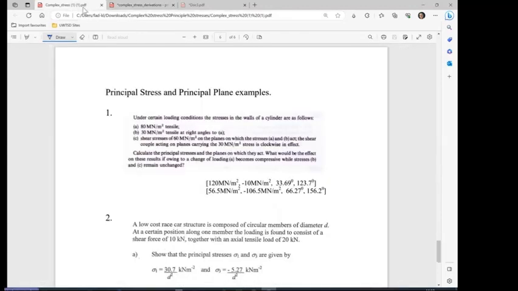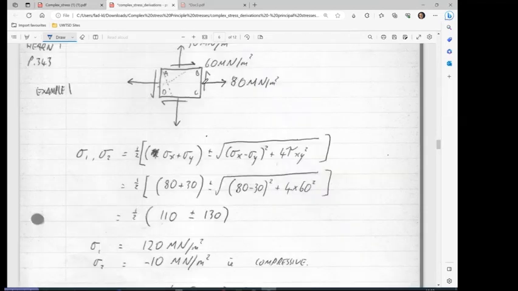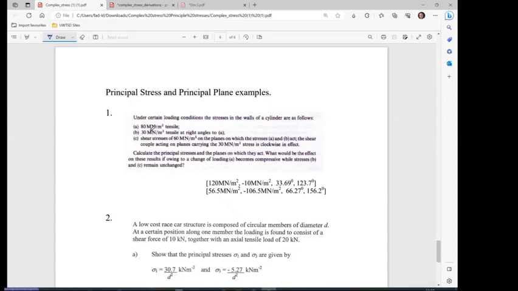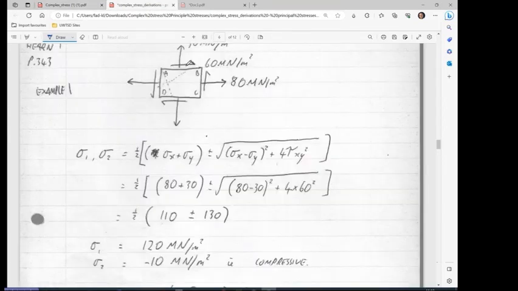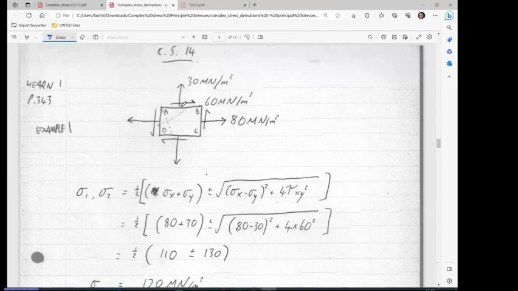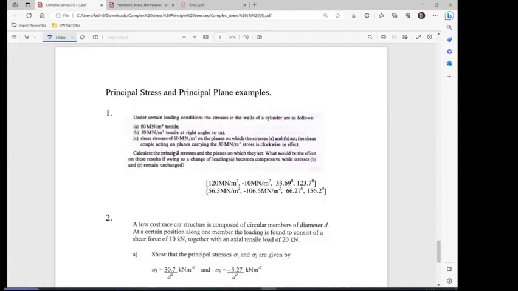Okay, so we've got 80 megapascals in tension in one direction. So there's our 80 megapascal load. We've then got 30 megapascals tensile at right angles to that. So there's my 30 megapascal load at right angles to that. And then we've also got a shear stress of 60 megapascals on the planes on which the stresses A and B act.